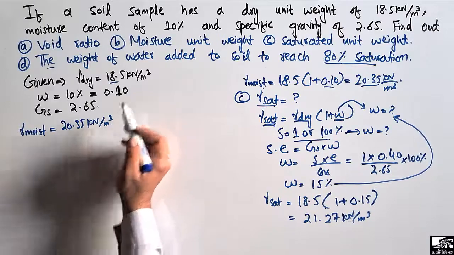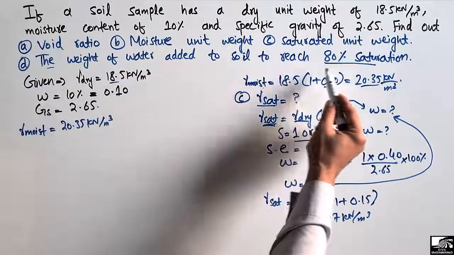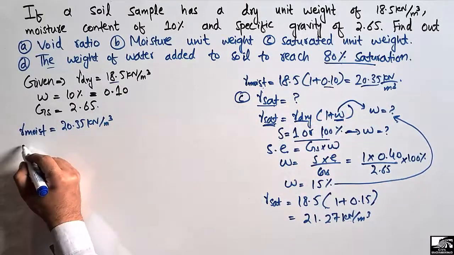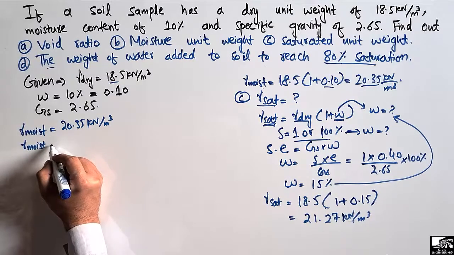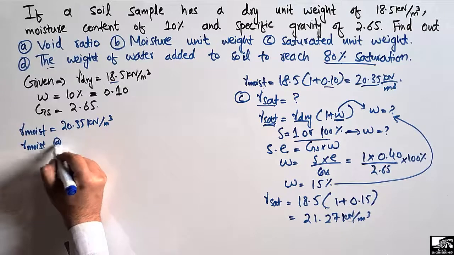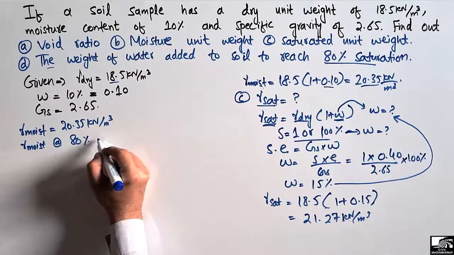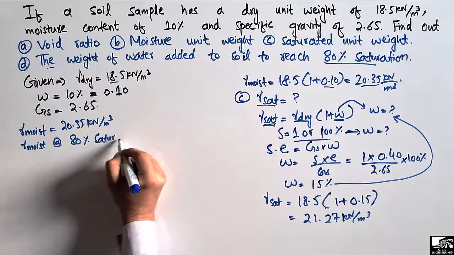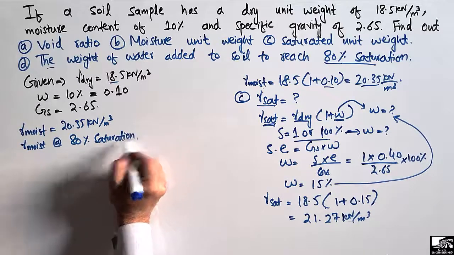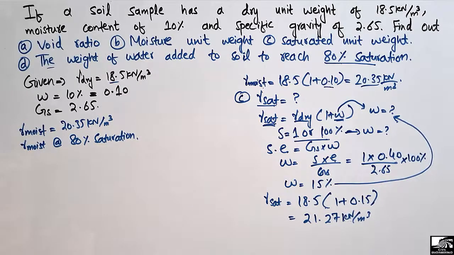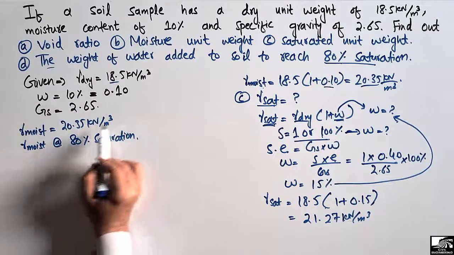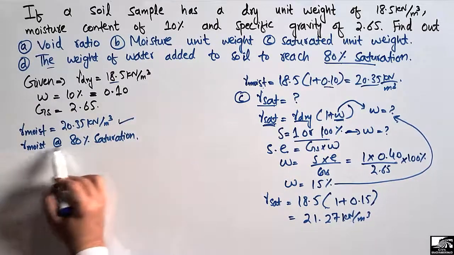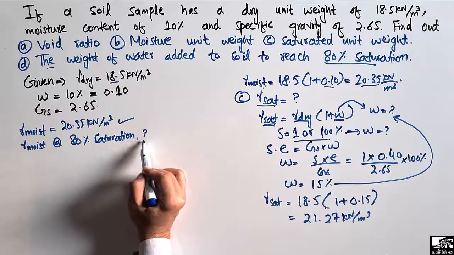But we don't know the weight of water to be added to reach 80% saturation. So it means we have to first find out the gamma moisture at 80% saturation, and then we can find the weight of water to be added in order to get 80% saturation.